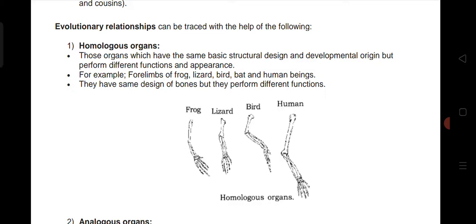That means the organs have the same basic structural design, that is the body structural organization, as well as the same developmental origin, but the functions which they perform are different, and along with the functions even the appearance is different. Those types of organs are called homologous organs.